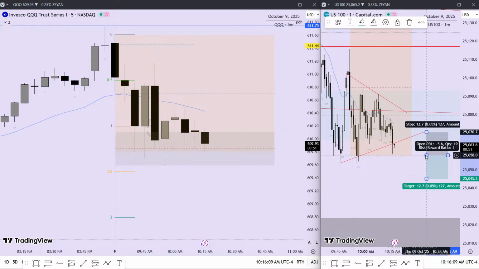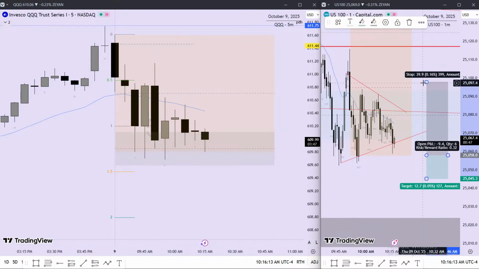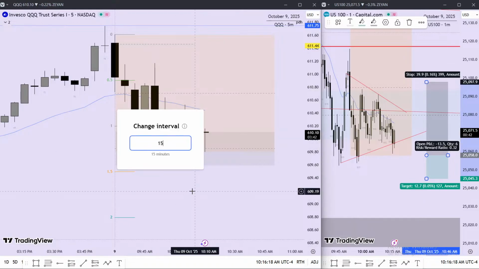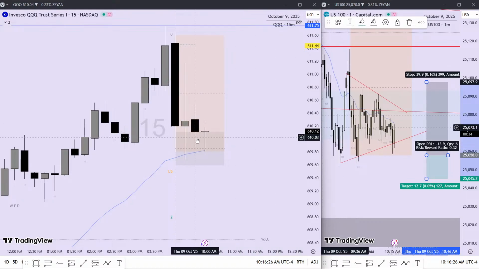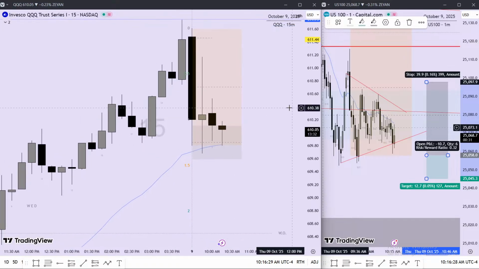I need this bar to close below the range for me to go short. We retested the moving average again. We are bouncing off that now. Again.